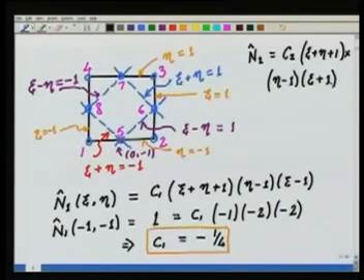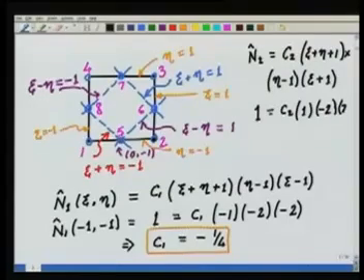Now N2 hat has to be 1 at which point? At the point 2, which has coordinates psi equal to 1, eta equal to minus 1. So N2 hat at psi equal to plus 1, eta equal to minus 1 is 1, which is equal to C2 into 1 plus 1 minus 1 is 1, eta minus 1 is minus 2, and psi plus 1 is 2.